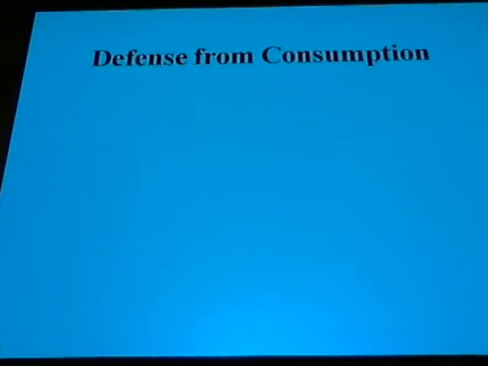All right, now, when you have consumption, invariably there will be defense from that consumption. So the prey don't just sit there and take it. Well, some do, but some come up with ways to thwart the predator.